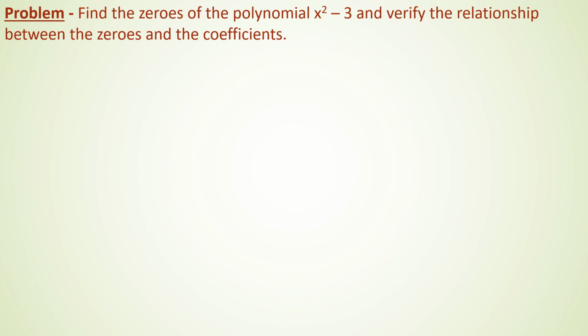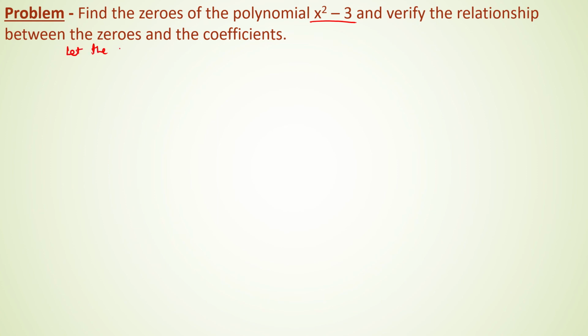Let us see a different kind of problem in which we also have to find the zeros and also we have to establish the relationship between the zeros of the polynomial and its coefficients. Let us see, the polynomial is x square minus 3.